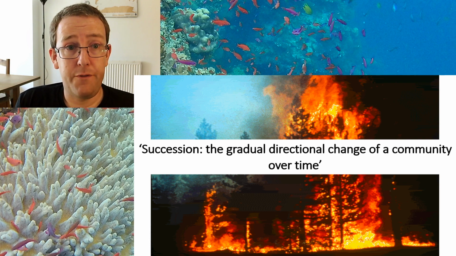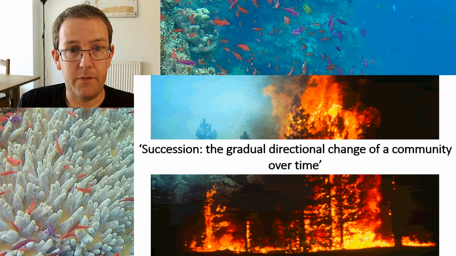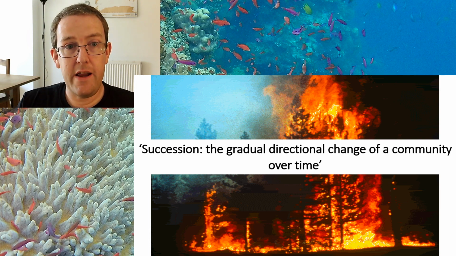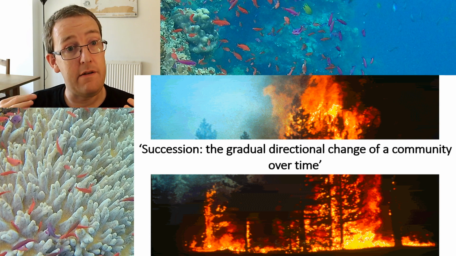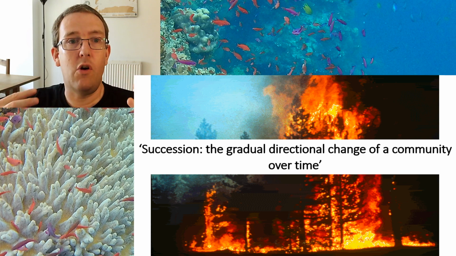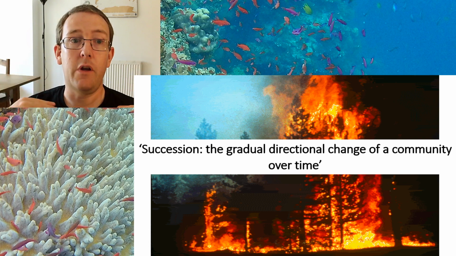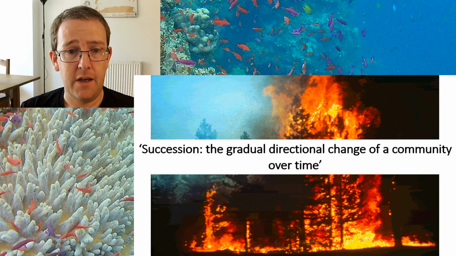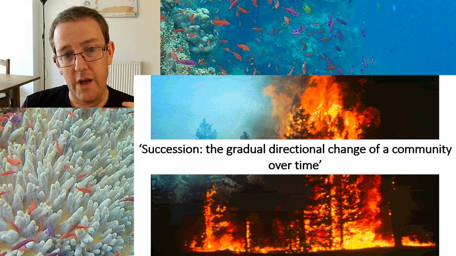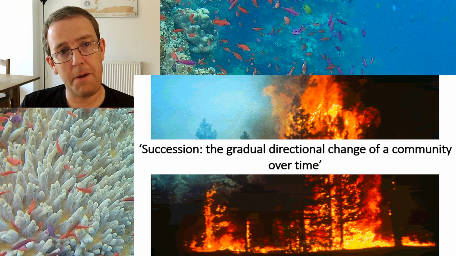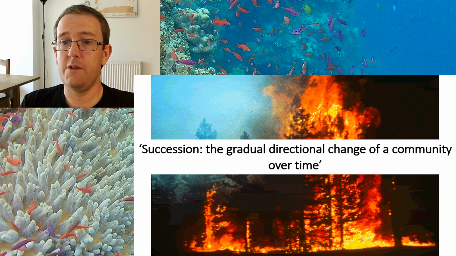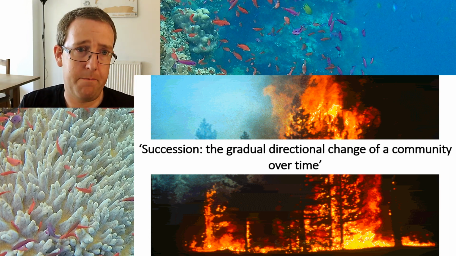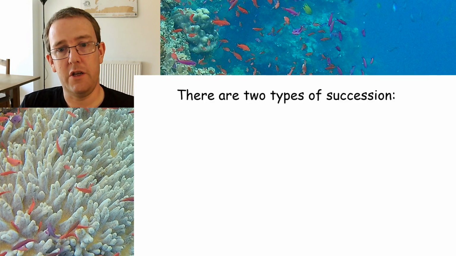That is a forest fire that is damaging the environment, clearing it out, and then species will start to recolonize and build back up to the climax community, which in this case was a sort of spruce woodland. So that's our term, succession, our definition, gradual directional change of a community over time, and our example might be recovery from a forest fire. But there'll be lots of other examples of succession as we go through.